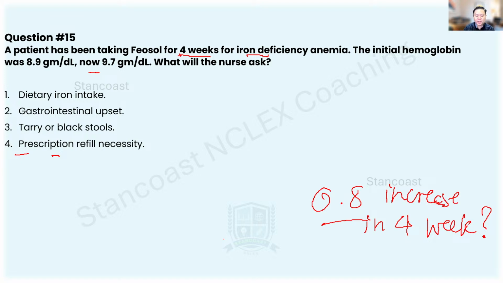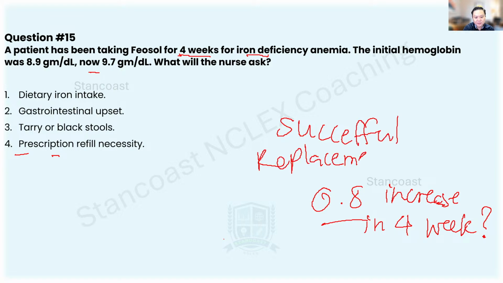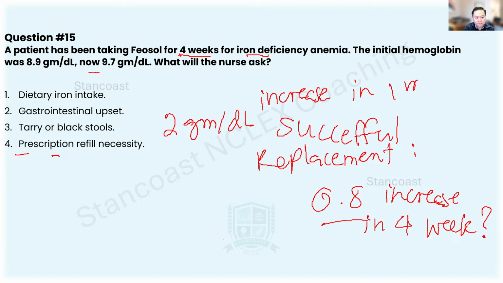Especially when we are treating the patient, we will consider this a successful replacement if there is a 2 gram per deciliter increase in 1 month. Imagine that. This is the expected increment. Supposedly, if they are taking it religiously, then we should expect more than the 9.7.